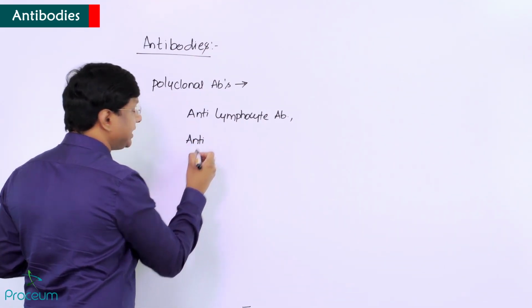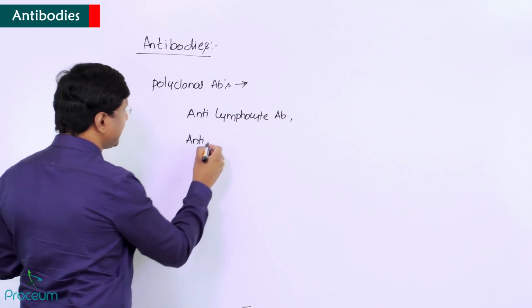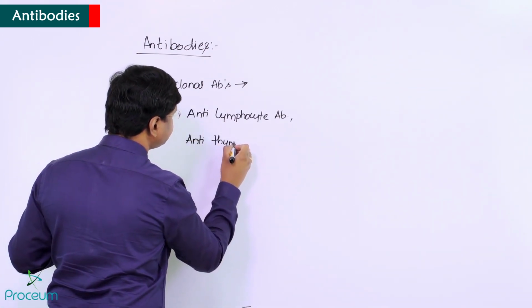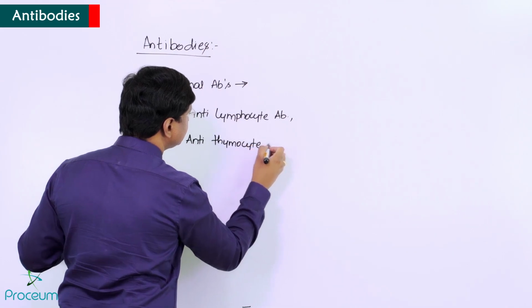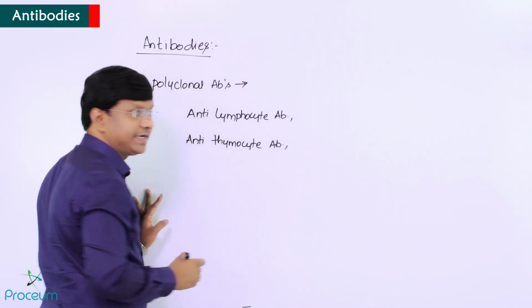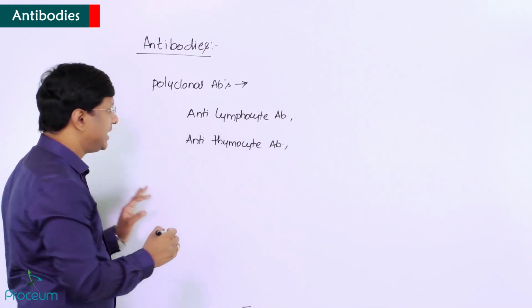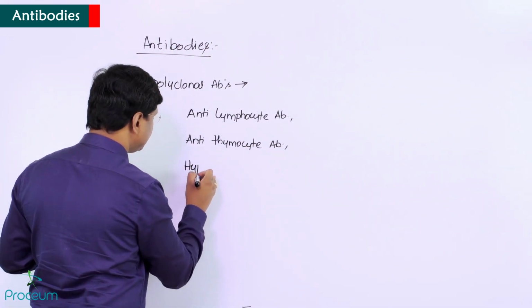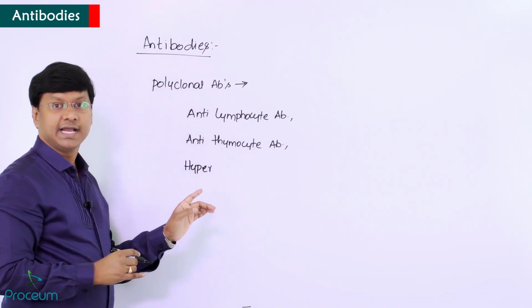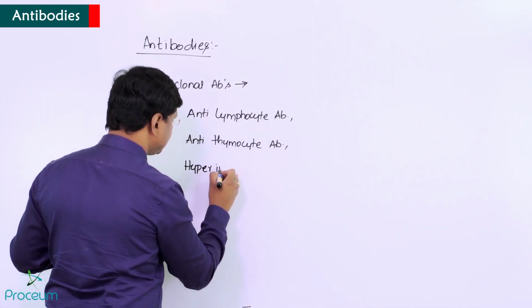The other one is the anti-thymocyte antibody, as well as the hyperimmune immunoglobulins.